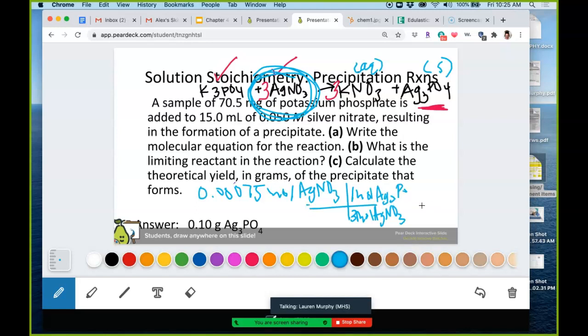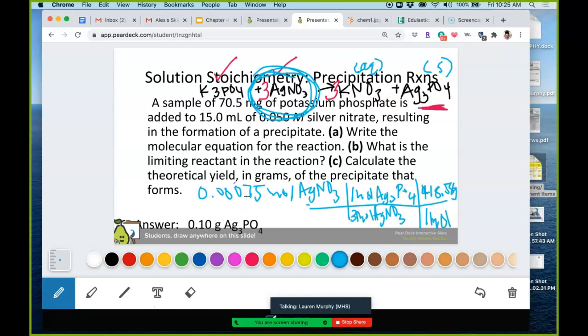Wow, this is like not writing very well. Okay, and 1 mole of silver phosphate is, I have no idea. I'll have to look at the molar mass. 418.58 grams per mole from the periodic table.